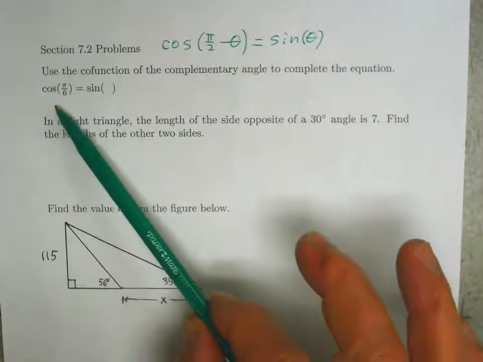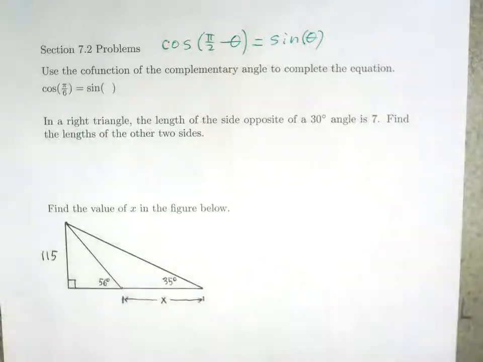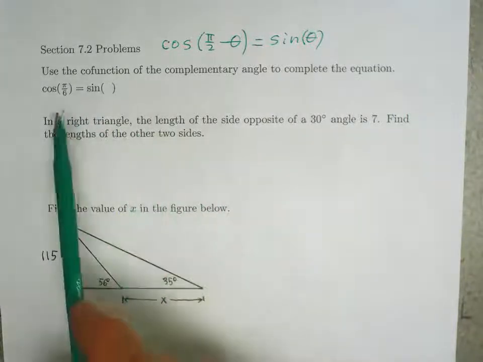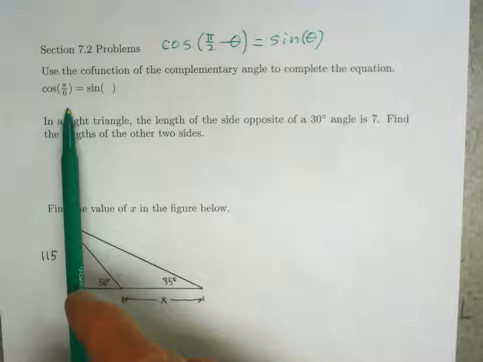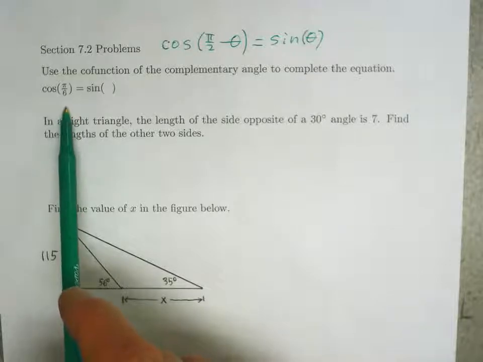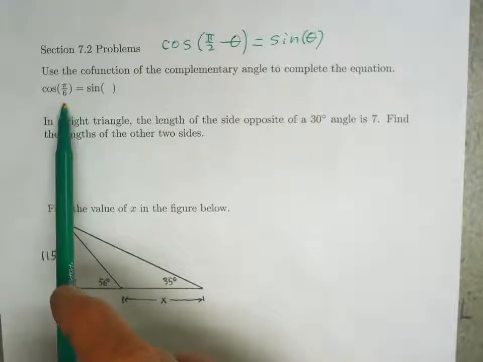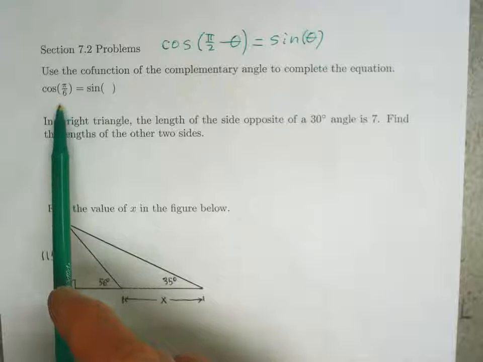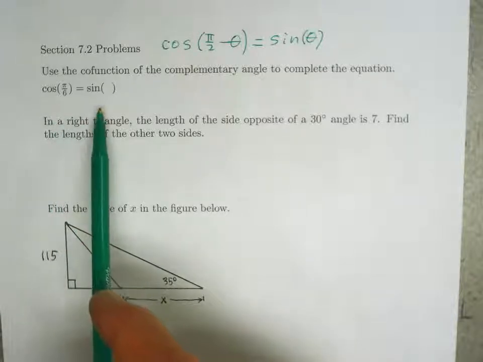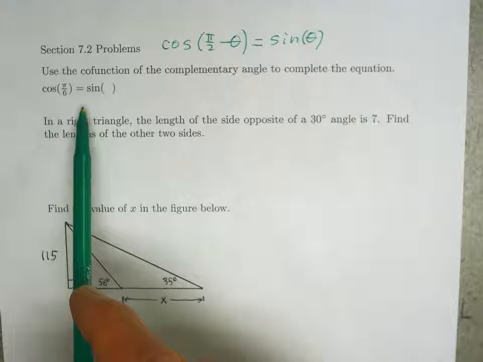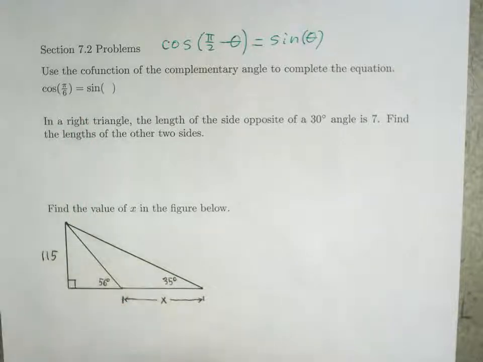So in this case, cosine of pi over 6, well, if you think of pi over 6 as pi over 2 minus theta, then theta would be pi over 3.